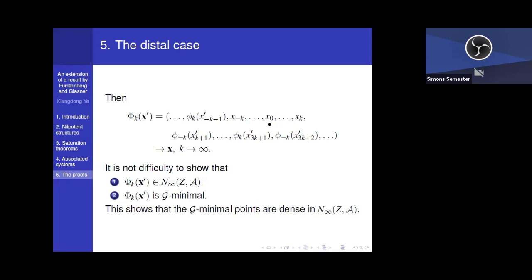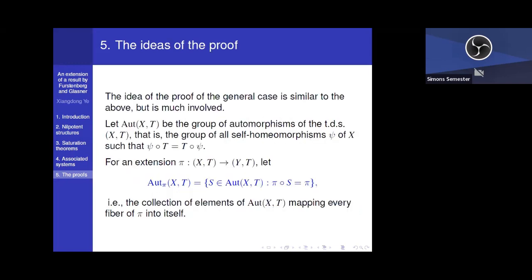But for the general case, the idea is the same, but the proof is very much involved. Let me see why. So the idea of the proof of the general case is similar, as I said before. So here you should consider the automorphism group.